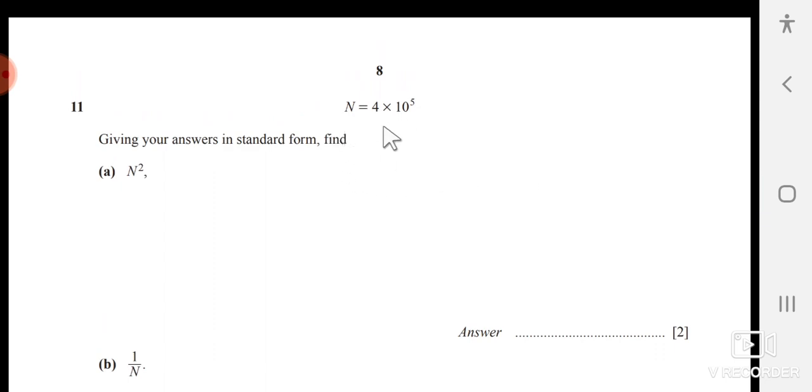Now here you see n is equal to this, and you have to give your answer in standard form, n squared. So for n squared, this becomes 16 into 10 raised to 10, and 16 can be further written as 1.6 into 10, into 10 raised to 10. So 1.6 into 10 raised to 11 would be the final answer for n squared.